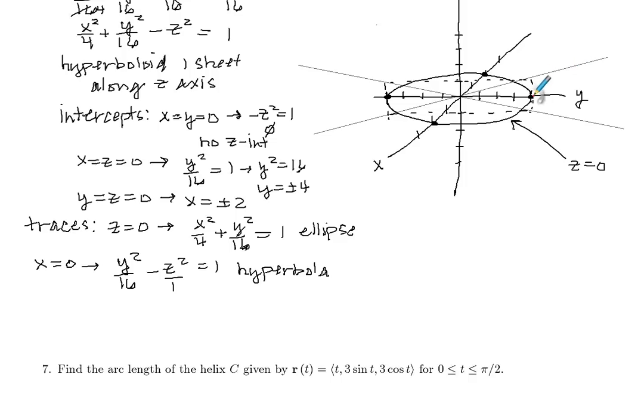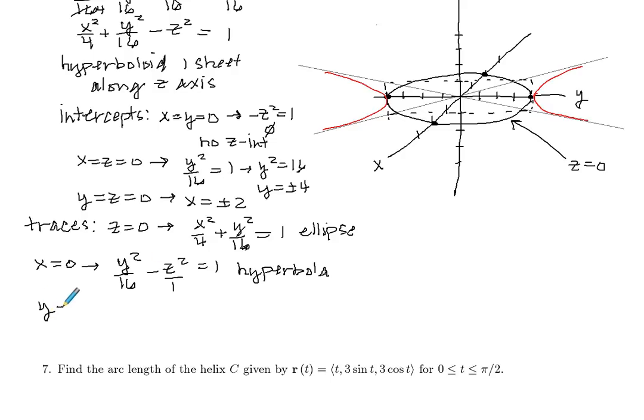So it looks something like this. And then same thing on this side. Okay, not too bad. So this hyperboloid is really squashed down. It opens really wide.